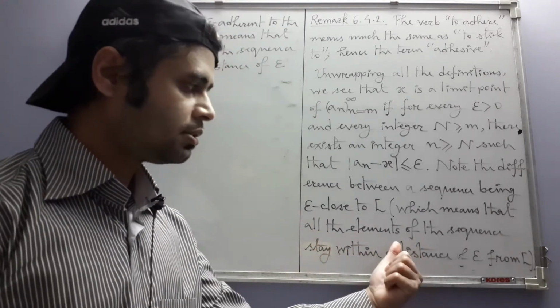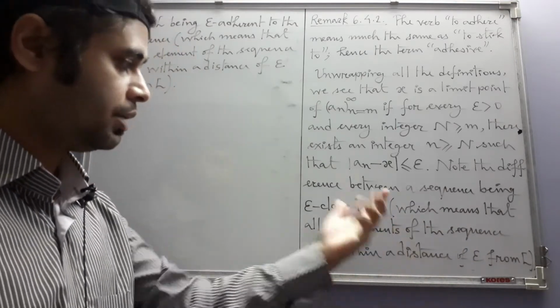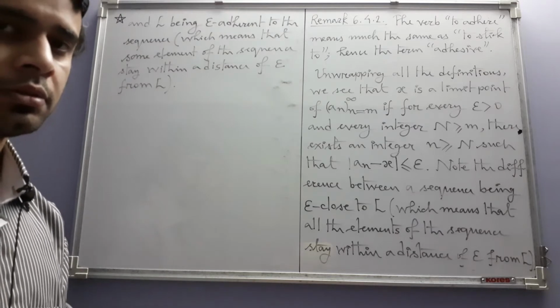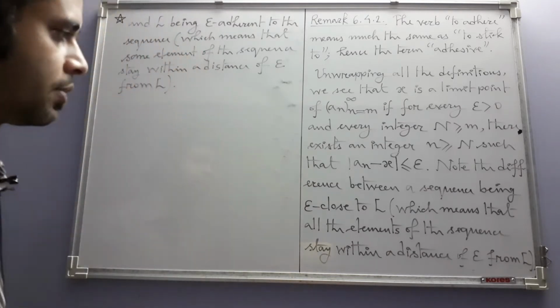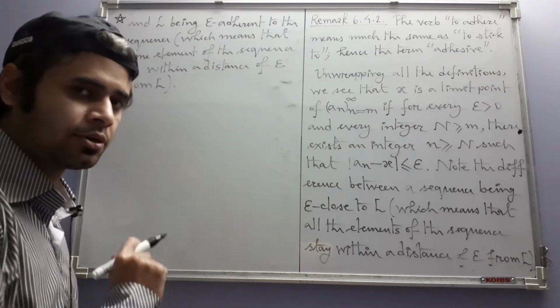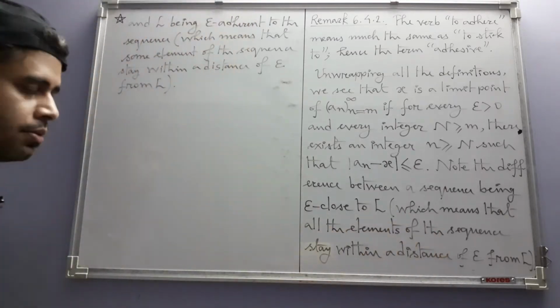For all elements of the sequence, something has to happen here and here. For at least one element of the sequence, that same thing has to happen. That the corresponding term has to be epsilon close to L. For all, for at least one.